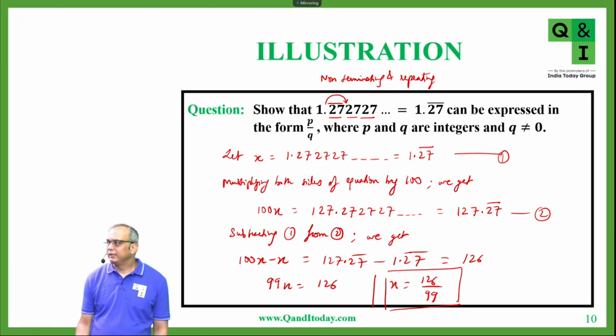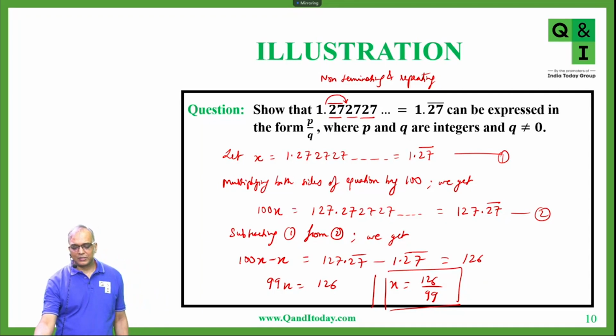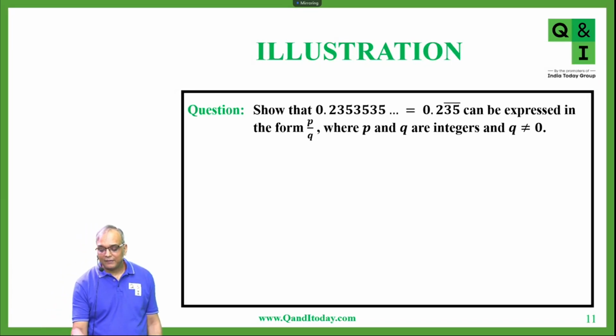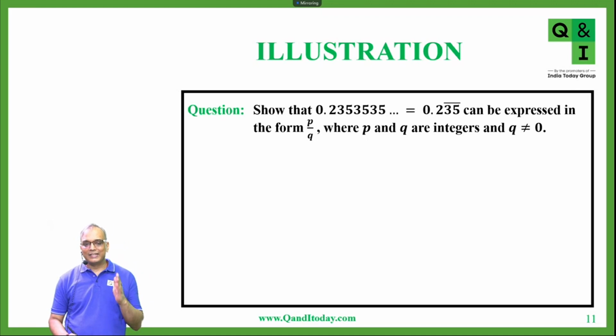Okay. Let's move to the next question, students. Now show that 0. Yeah, Kavin, you're saying something? Okay. So here in this question, students, you have 0.2, 35, 35, 35 and so on.